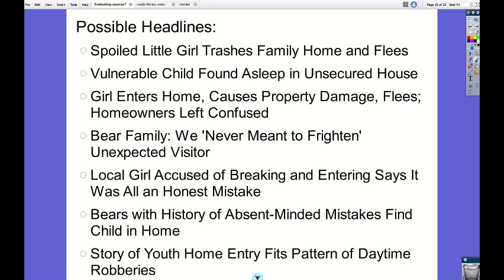So going through this list, I want you to pause the video for a minute or two and read through each of these headlines and ask yourself, are there any words that are heavily biased, pointing you towards the side of the bears or towards the side of Goldilocks? Does the headline seem to be pushing you towards a certain interpretation?